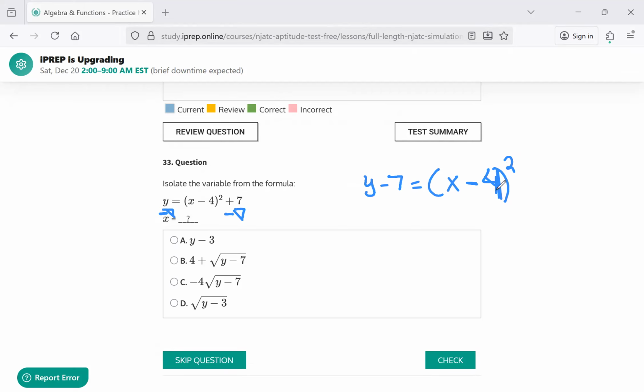And then to solve for x, you're going to get rid of the power 2 by taking the square root of both sides. You get the square root of y minus 7 equals x minus 4.